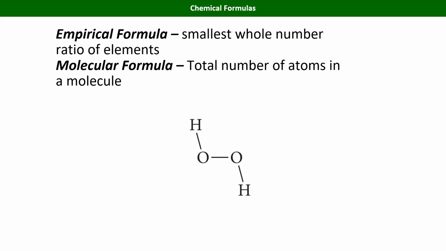So a lot of things where we need to be really specific in terms of the formulas, we need to make sure we're not just giving the empirical formula. We want the molecular formula. So then one of the key things we have to keep in mind is how do we show the structure?